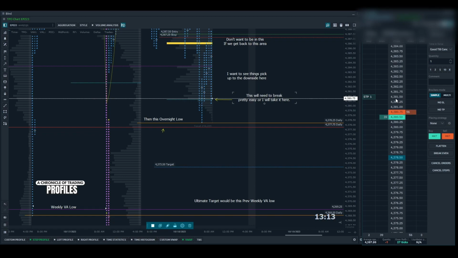I probably should have just taken it right here, but I had a little bit left in me, hoping I can at least get to that prior overnight low or that 77.75. 27, 28 ticks.